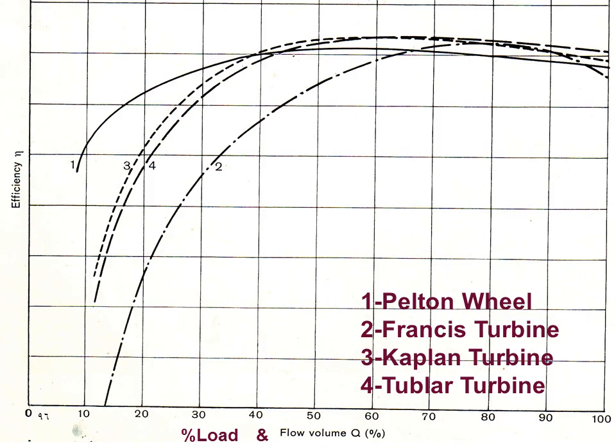At 100% load, all the turbines have almost the same efficiency. But if the load drops to 40%, you can find that the Francis turbine has lower part load efficiency, lower than Pelton, lower than Kaplan, and tubular.